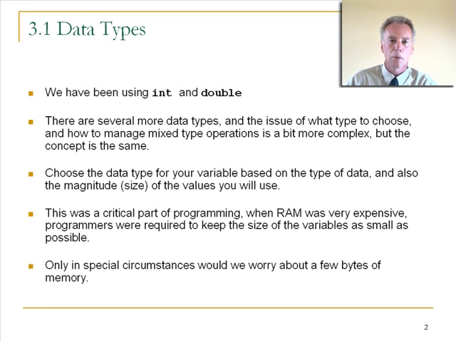So in this segment, what we're going to look at is the remaining data types in the C language. We looked at the int and double data types, and those are typically the ones that people would use for whole numbers and floating point numbers or real numbers, unless there's some reason not to.